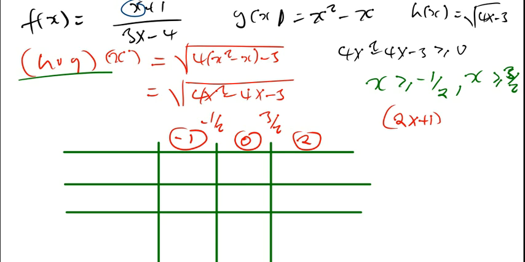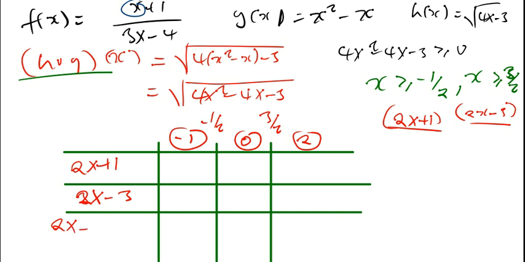Then this guy, it was 2x minus 3, right? So these are the things that I'm going to put here. Here now we are solving also inequality, so I don't think you are going to have challenges on how to do this inequality.